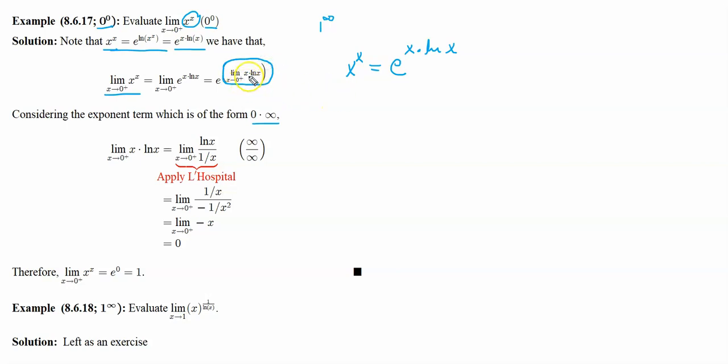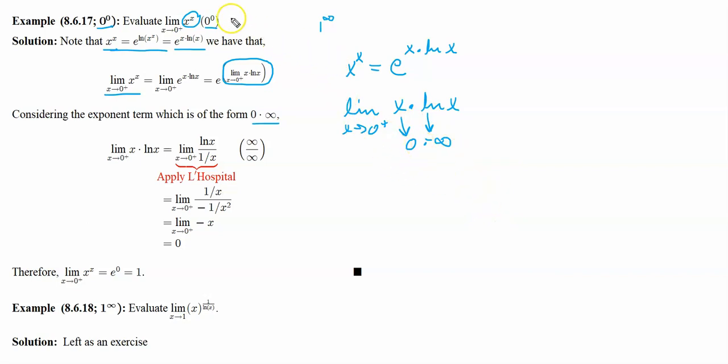Now you'll notice that this is of the form 0 times infinity, right? So that exponent, I'll just put it right here. As x is approaching 0 from the right, this is going to 0, of course. This is going to negative infinity. And so this limit is of the form 0 times infinity, which we know is an indeterminate form.